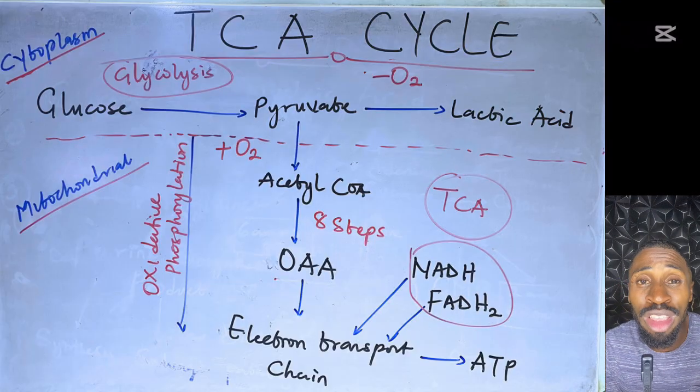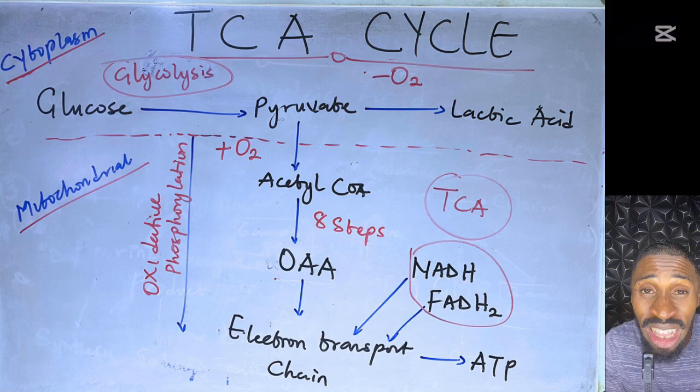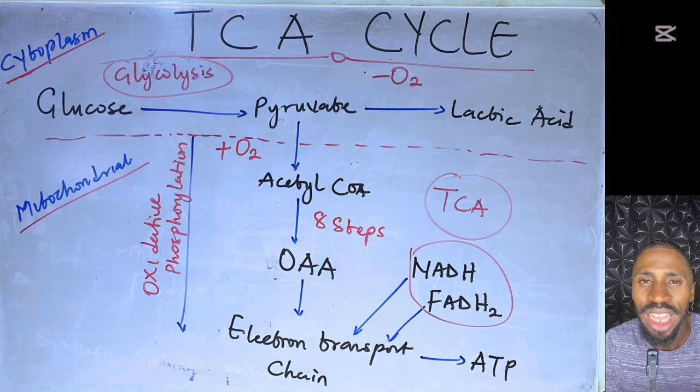So the TCA cycle is a metabolic or biochemical pathway which is needed for the formation of ATP. All our energy currencies, which is NADH, were formed in glycolysis. Now, if they enter into the TCA cycle and then into the electron transport chain, they can form ATP. Don't forget, the TCA cycle is very, very important, because we'll also be forming CO2.